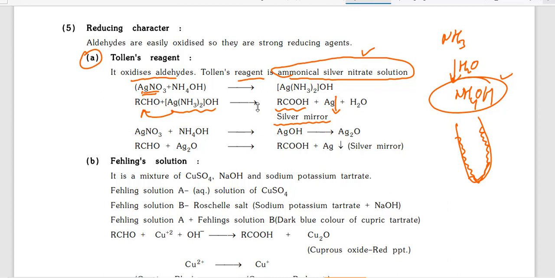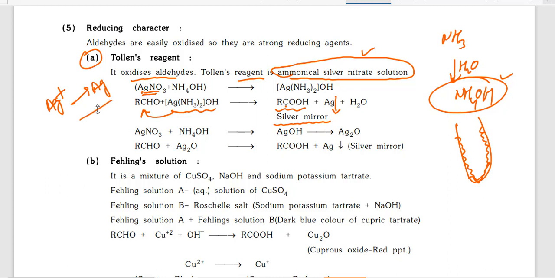It is given by only aldehydes. The aldehyde is getting oxidized, so it comes under oxidation reactions, and the silver is getting reduced, Ag plus going to Ag.